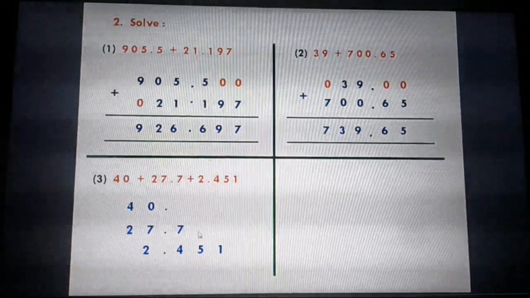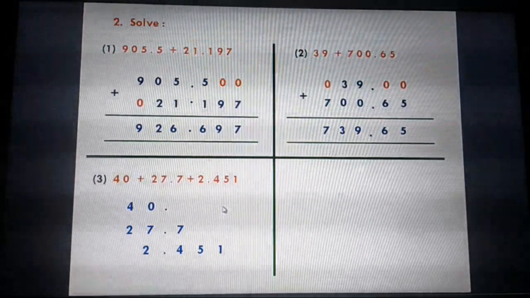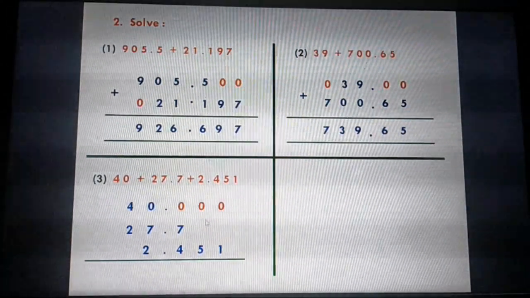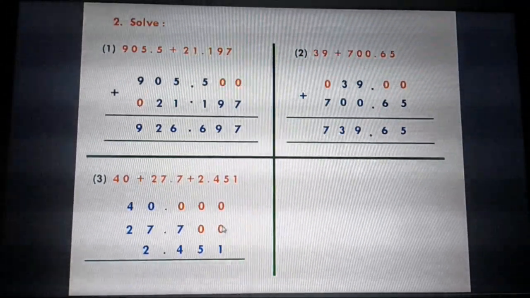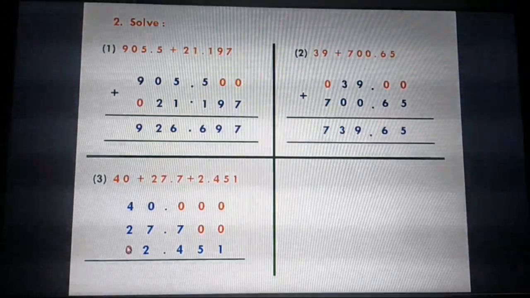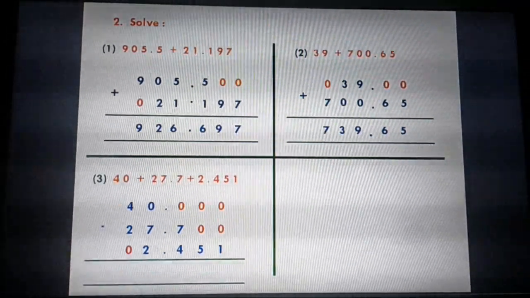Clear? Now see, so many places where zeros are not there. Here 1, 2, 3. It means 3 zeros will come there. Here 2 empty places. Then 2 zeros will come here. And even here 1 empty place. 1 zero will come there. Now we will add. Right?